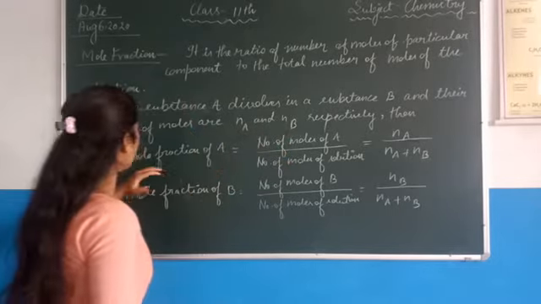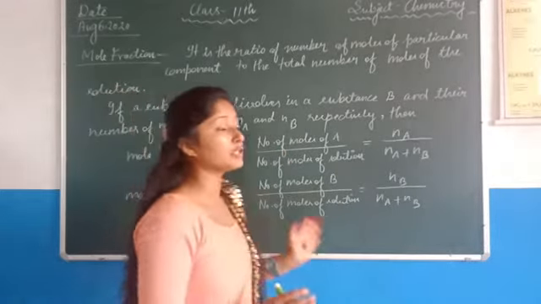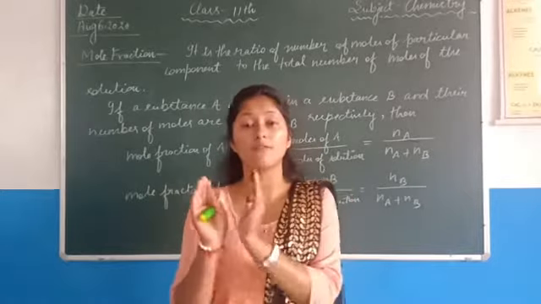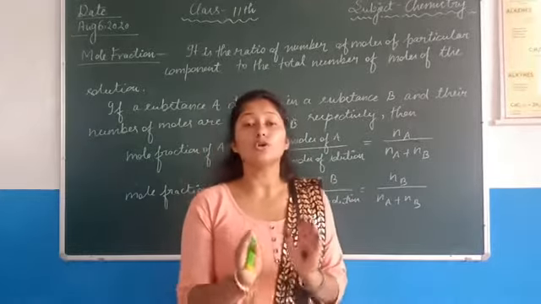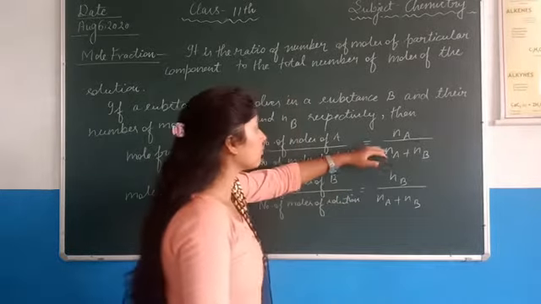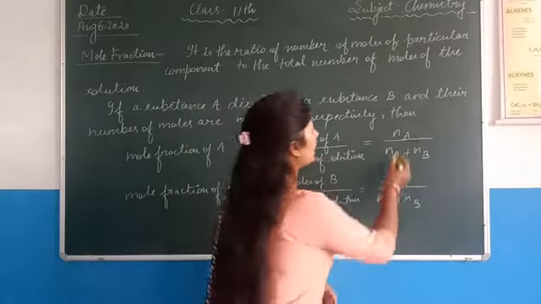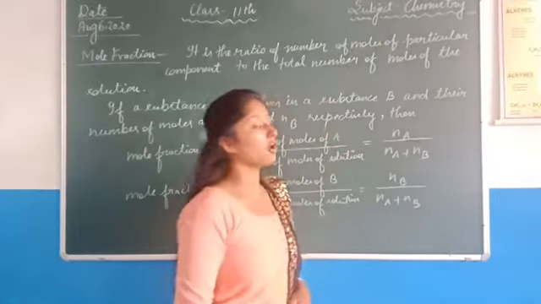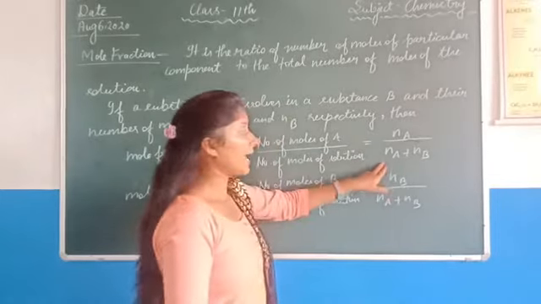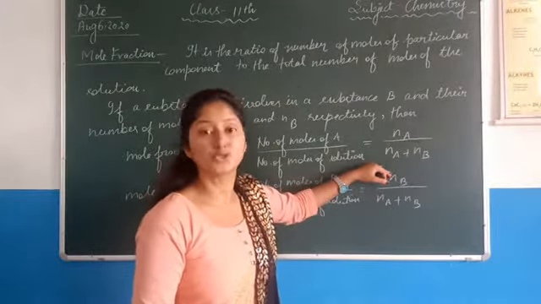So mole fraction of A is equal to number of moles of A divided by total number of moles of solution. That means it is equal to Na over Na plus Nb. Here Na is number of moles of substance A and Na plus Nb is total number of moles of solution.